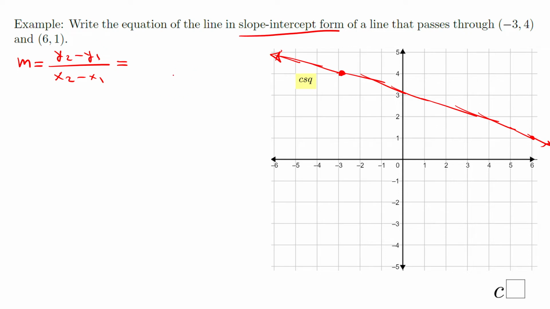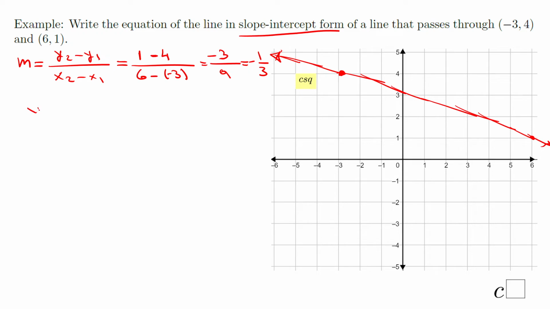You can switch them if you want, but let's take a look. 1 minus 4 over 6 minus negative 3. 1 minus 4 is negative 3. 6 minus negative 3 is 9. Negative 3 over 9, which can be simplified as negative 1/3. The slope of this line is negative 1 over 3, which we expected: the line goes down from left to right.